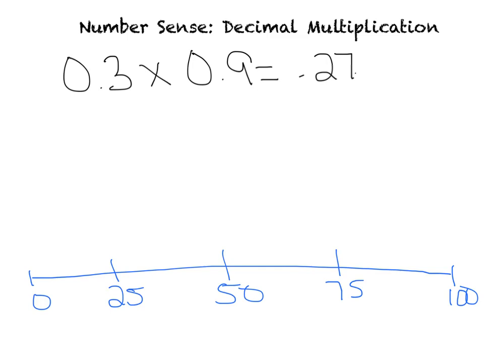I'm going to, again, compare to 1. What I'm going to do in this case is compare each factor to 1. I'm going to look at 0 and 3/10, and compare it to 1. Is 3/10 less than 1? Yes, it is.